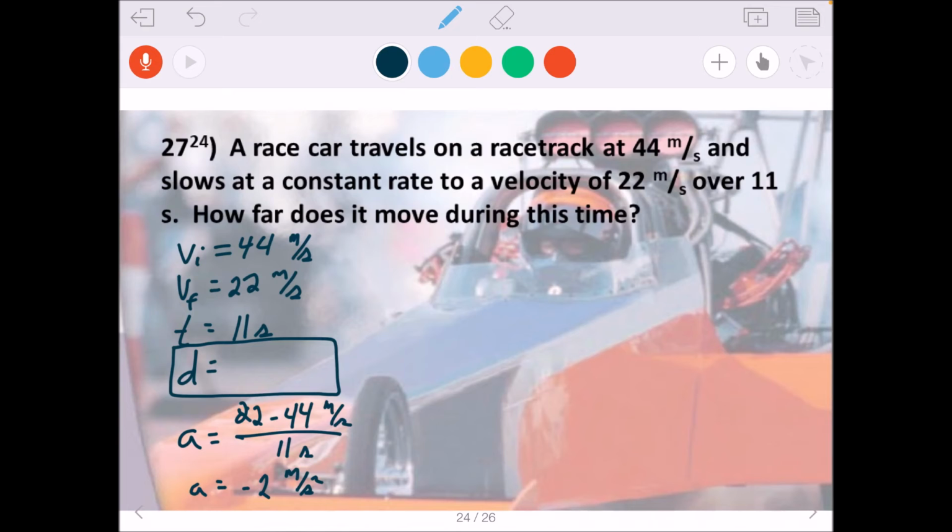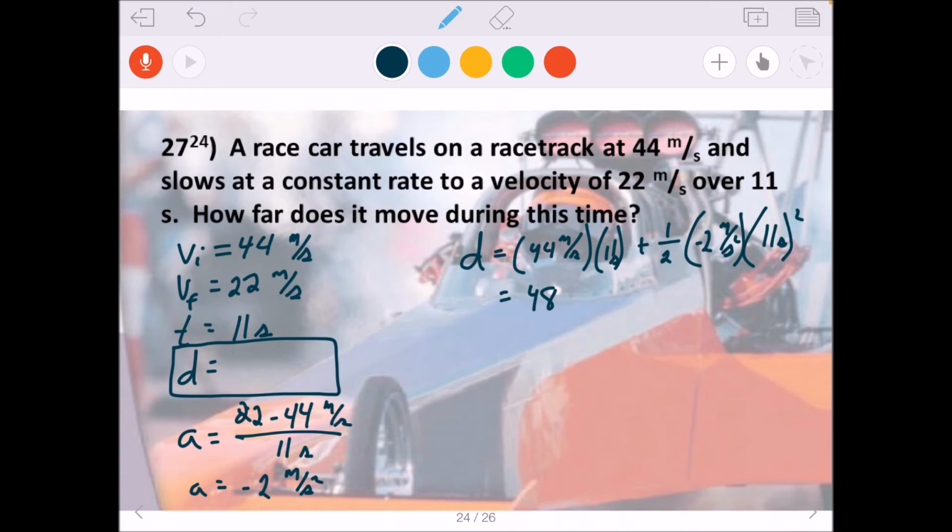I'm going to use my final distance is equal to my initial distance, which we'll just call 0, plus the initial velocity of 44 times the time, which is 11 seconds, plus 1/2 my acceleration, which is a negative 2 meters per second squared, times the time of 11 seconds squared.